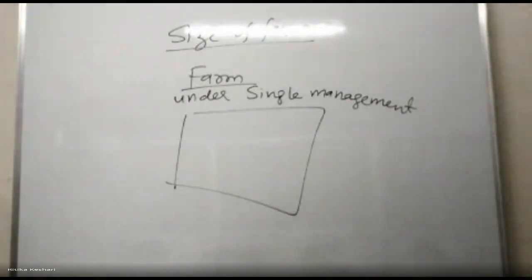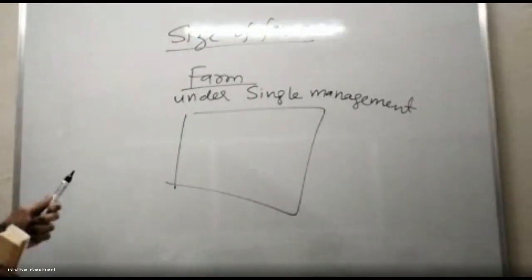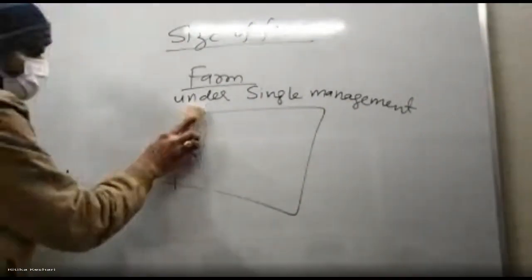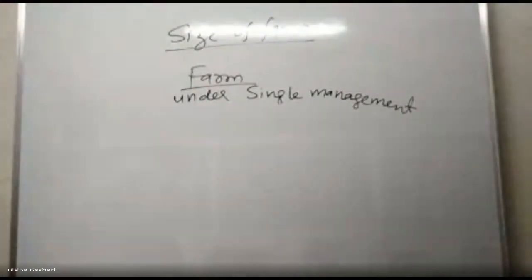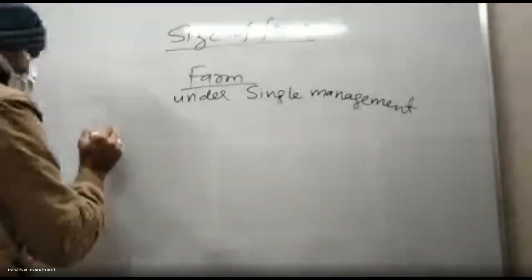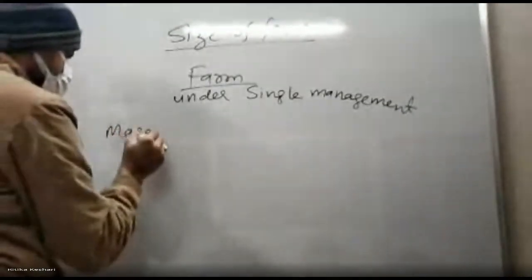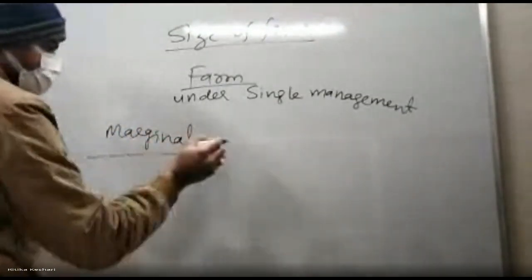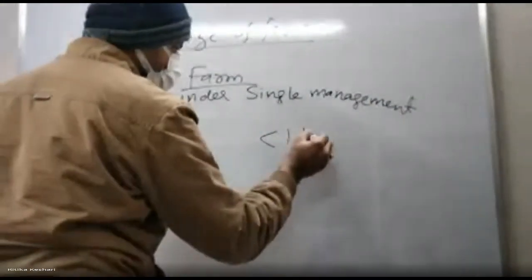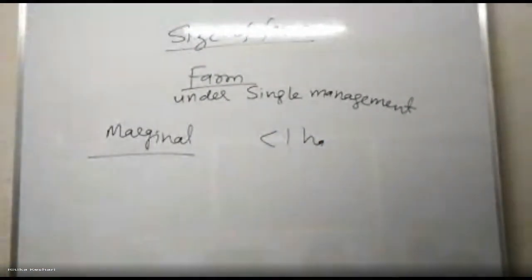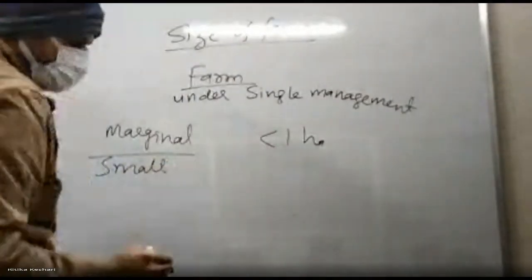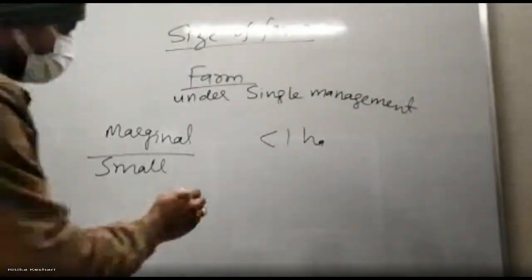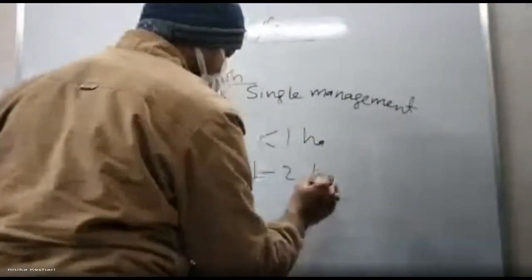Now, with regard to size of the farm, just want to say we are already used to this classification in India. That is, we have marginal farms, which are less than 1 hectare in land size. We have small farms, they measure 1 to 2 hectare.